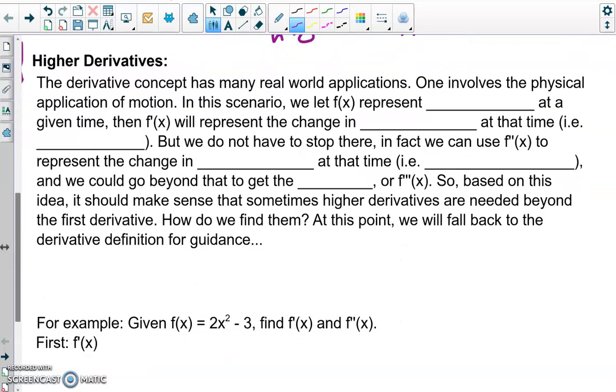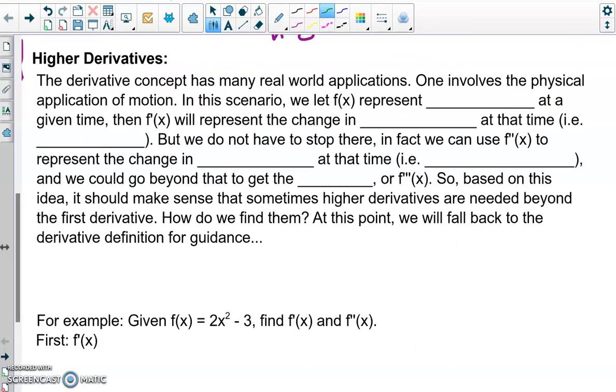So let's go ahead and move into the higher derivatives. And for higher derivatives, this concept has many real-world applications, the overall derivative concept. And one involves the physical application of motion. If you're looking into the physics world as a path that you're going to go on, you will see motion being part of that in certain places. And in this scenario, you let the f of x represent position at a given time. So basically your x variable will get turned into time.